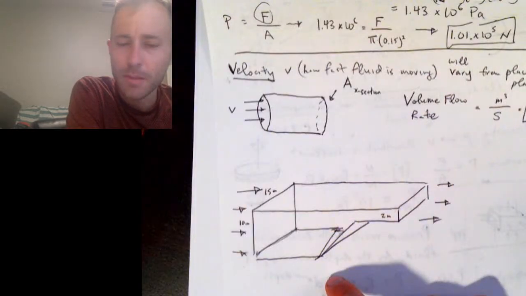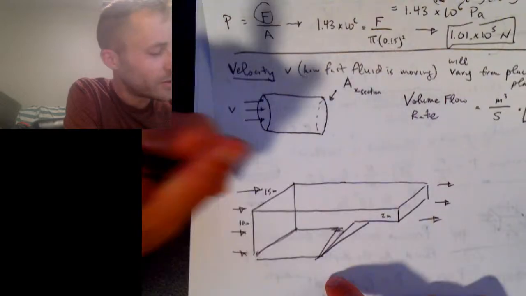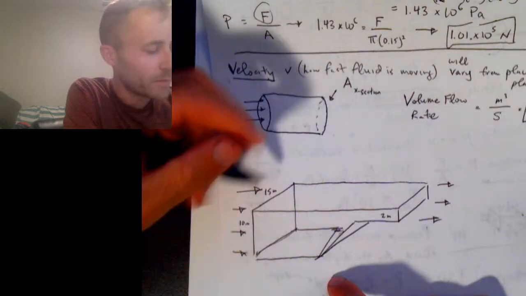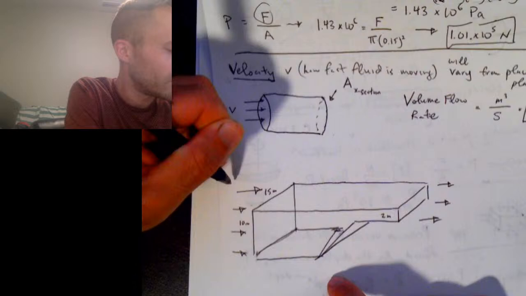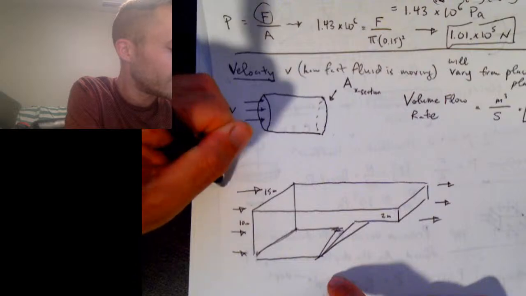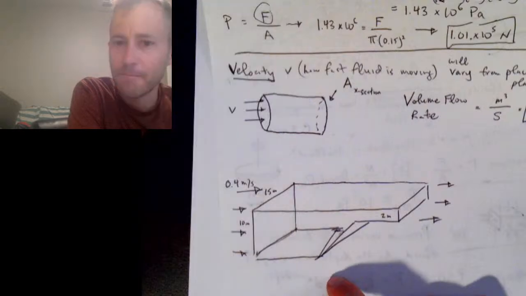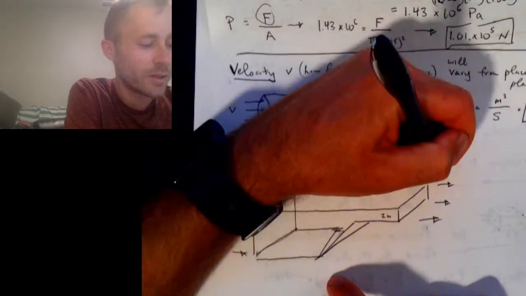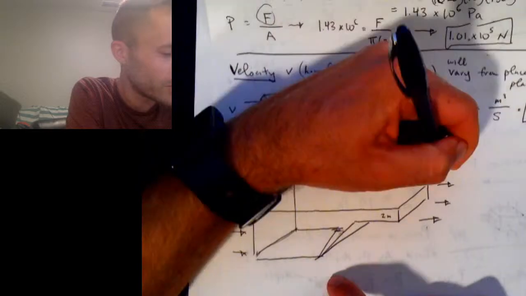Let's say the speed of the river at the deeper part is 0.4 meters per second, so really slow. And we want to know what is the speed when the depth gets less. So what is V final?